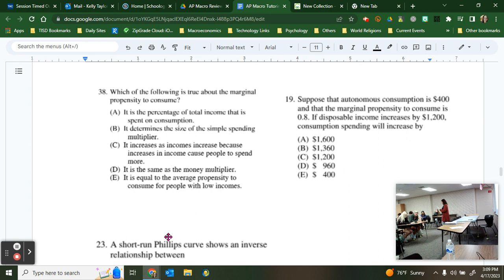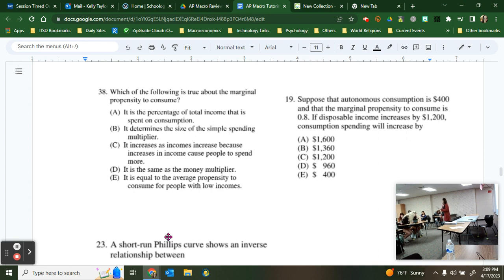On C, it does not increase as incomes increase because richer people actually spend a smaller percentage of their income. So poor people are going to have a very large MPC. Rich people are going to have a very small MPC. So that's just the opposite. No, it is not the same thing as the money multiplier, but it does determine the size of the spending multiplier, which is what B is saying.